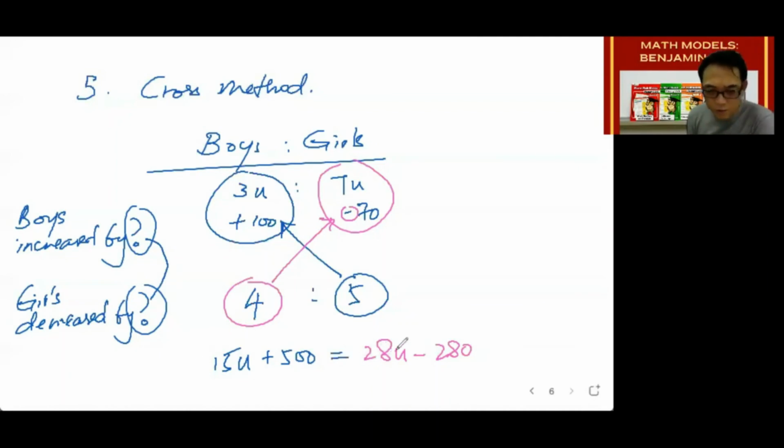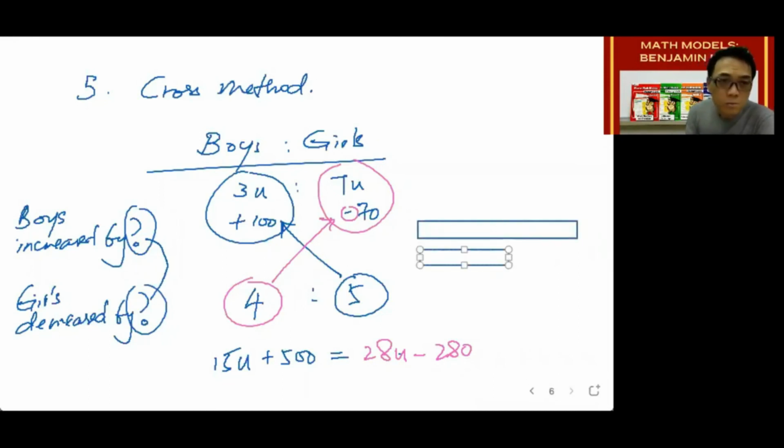So from here, if you were to take 28 units minus 15 units in a model form, let's draw a simple model here. And let's say that this is 28 units and this is 15 units. When I add 500 to the 15 units, I will get a longer model.